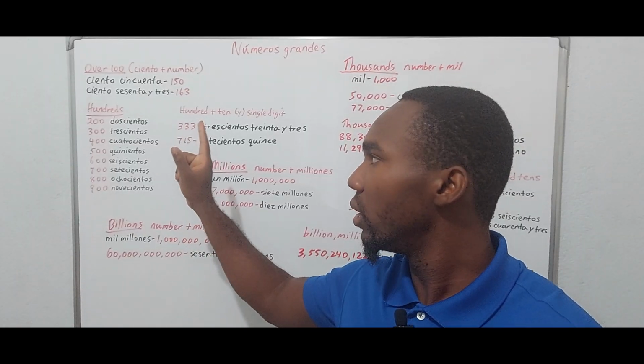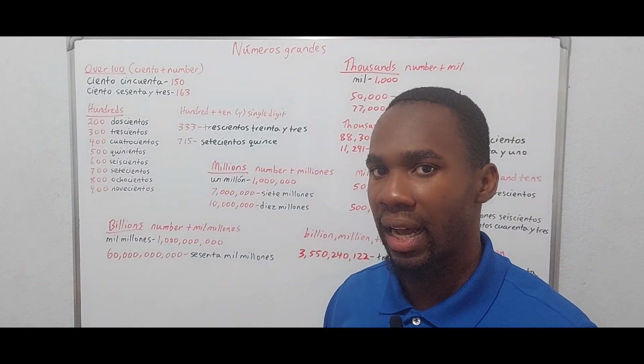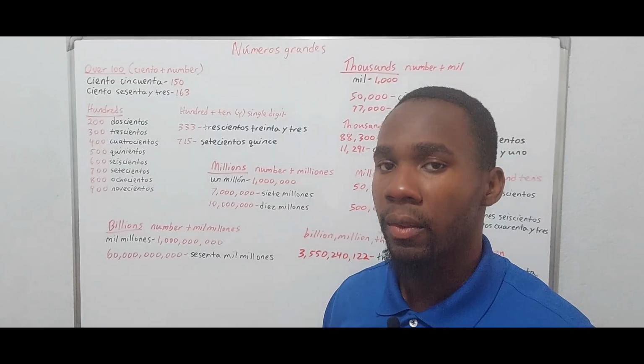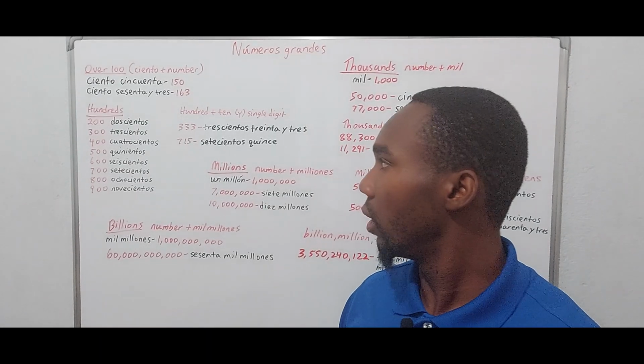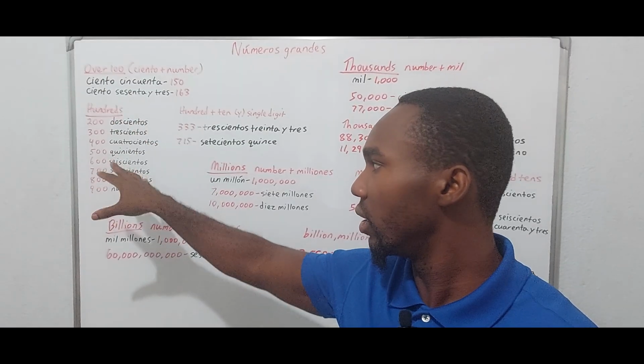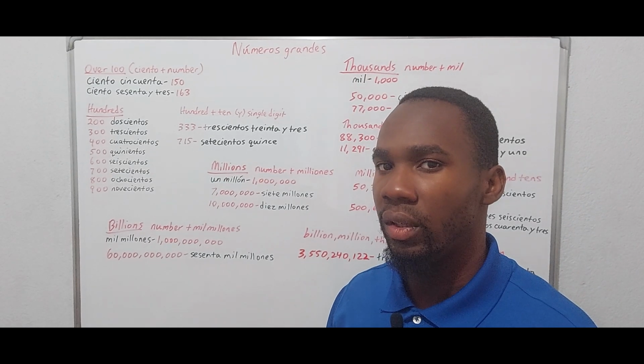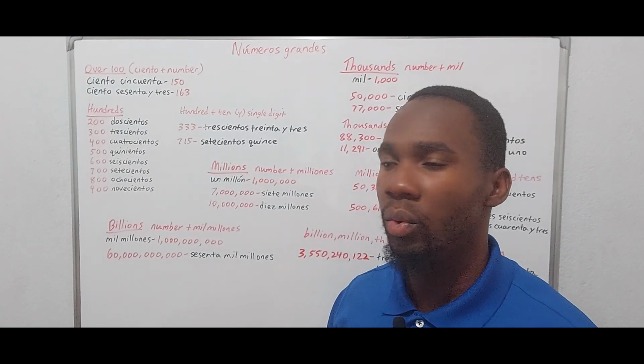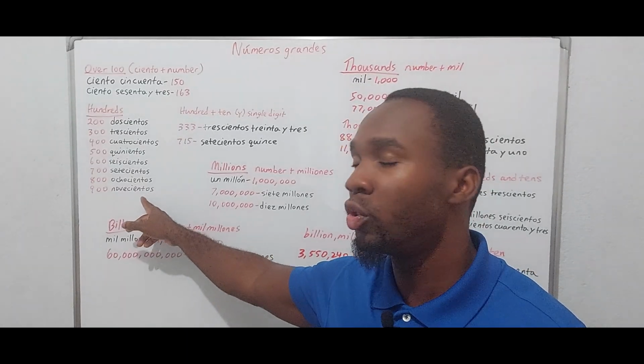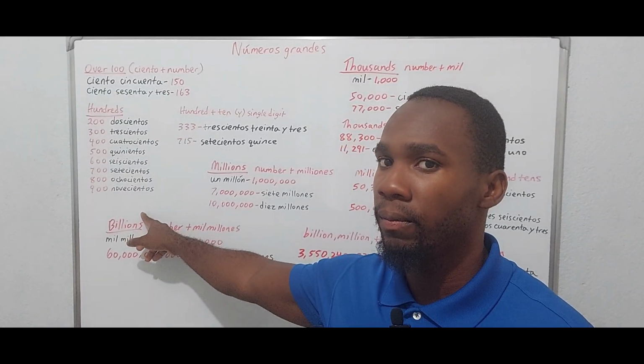When we use the hundreds as an adjective, particularly from 200 to 900, and the noun is feminine, we must change the ending from O to A, right?